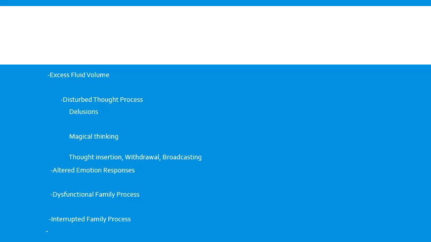Magical thinking is another type of disorganized thinking or disturbed thought process. Sometimes people will believe that if they wish something, then it's going to happen. Okay? And then we've talked about some of these others: thought insertion, withdrawal, broadcasting. Make sure you understand what all of those types of symptoms are, and if you need to look those up, those fall under that disturbed thought process.